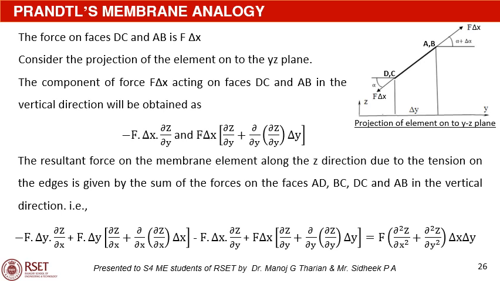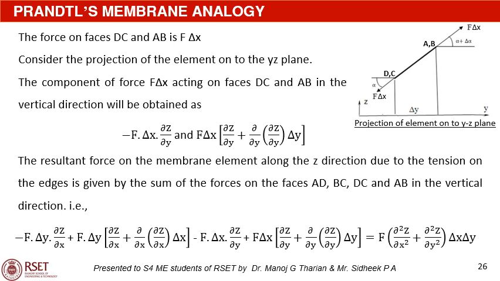The resultant force on the membrane element along the z direction due to the tension on the edges is given by the sum of the forces on the faces AD, BC, DC and AB in the vertical direction.